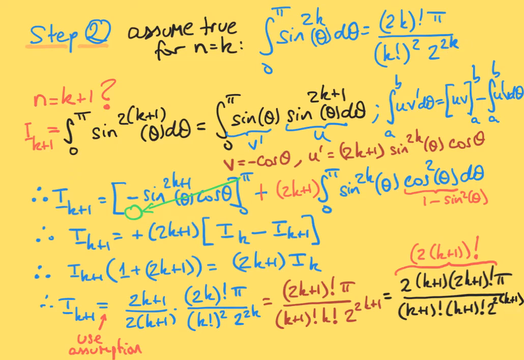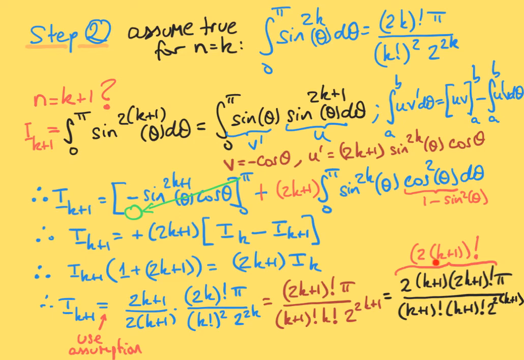So what is the numerator? Well, we've got the pi there, and then here we've got 2k plus 1 factorial, remember we had that here, times k plus 1 times 2, and that is 2k plus 2. 2k plus 2 times 2k plus 1 factorial is 2k plus 2 factorial.